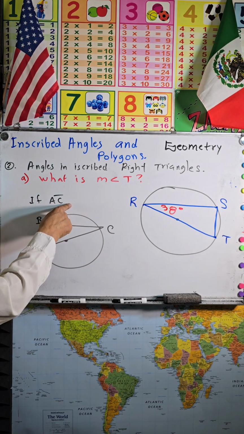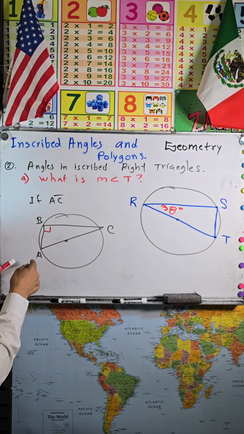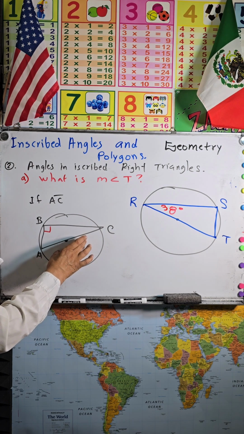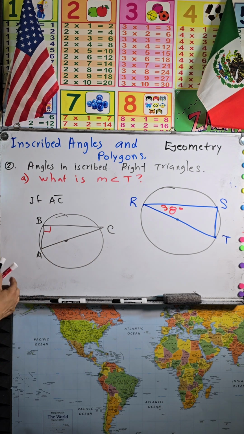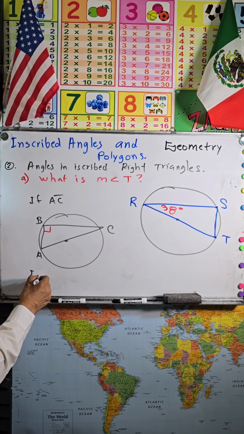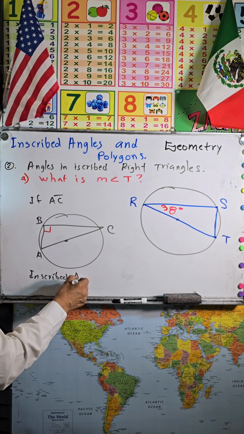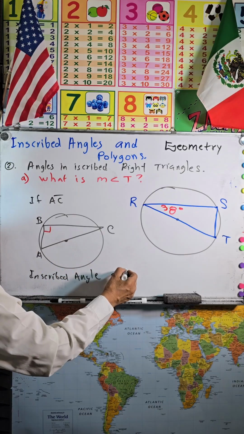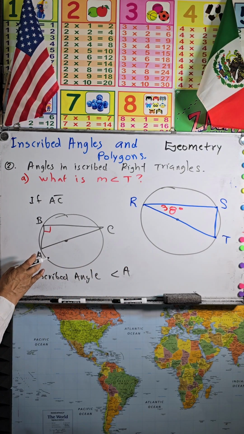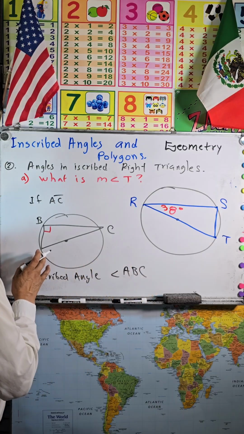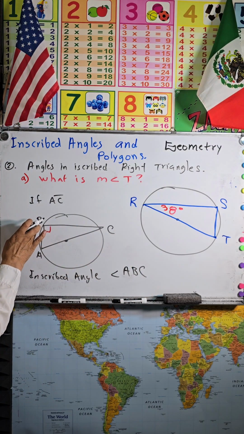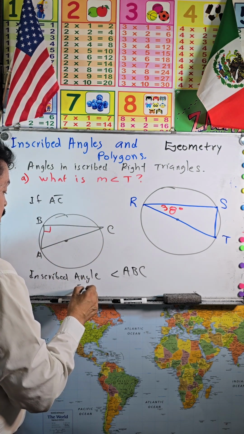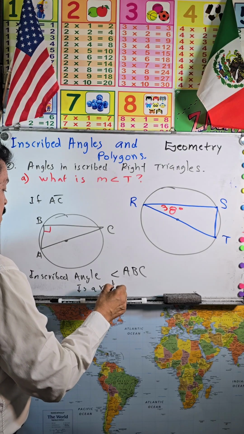So if AC is a diameter of the circle, the inscribed angle, angle ABC, is a right angle.